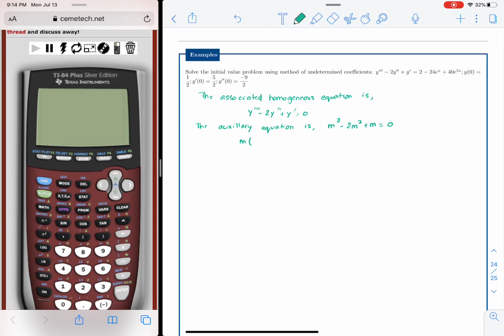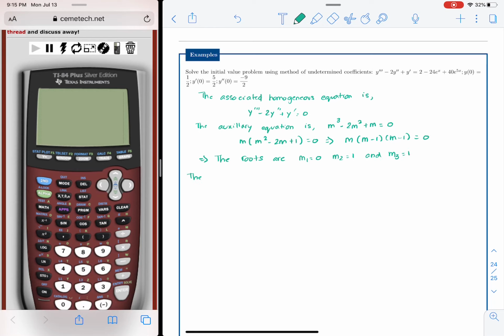Take that m out: m squared minus 2m plus 1 equals 0, which I can then write as m times m minus 1 times m minus 1 equals 0, which would imply the roots are m1 equals 0, m2 equals 1, and m3 equals 1.